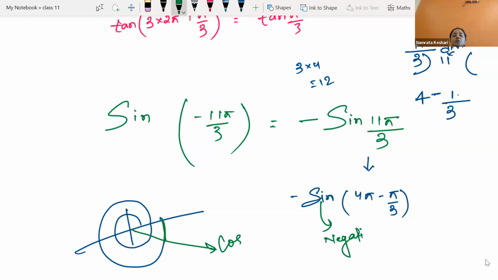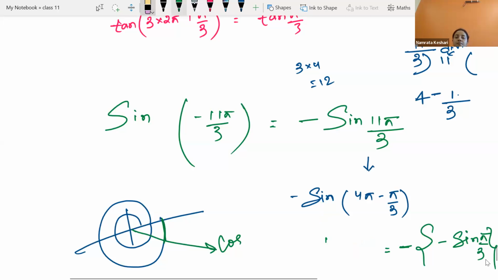Conversion will not be there, with 360 plus theta, 360 minus theta, the conversion doesn't happen here. So we will be getting minus, one more minus, and then sine pi by 3. Getting it? Yes, ma'am. Okay. Minus minus will become plus, and we are getting sine pi by 3. Now we can write the value of sine pi by 3.